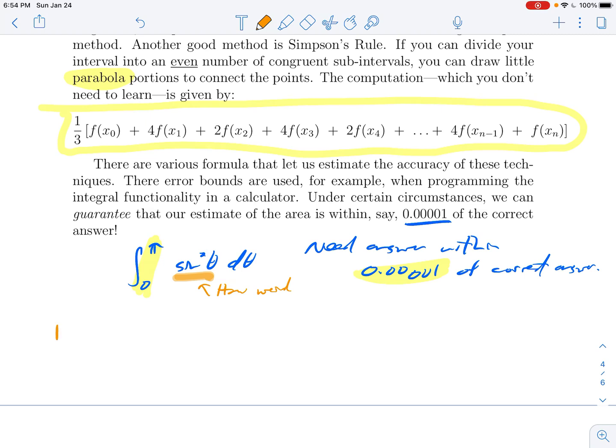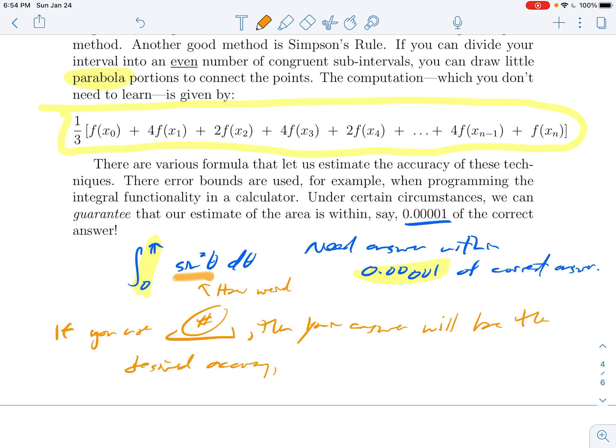And it might say, for example, oh, if you use, and I'm just making up a number, but maybe it'll say like, if you use 40 intervals, then your answer will have the desired accuracy. There's basically a formula that will churn out how many intervals you need if you want a certain amount of accuracy.